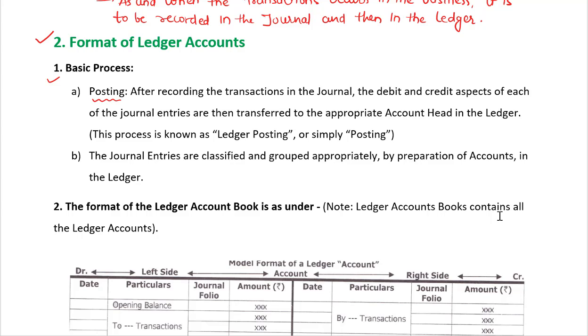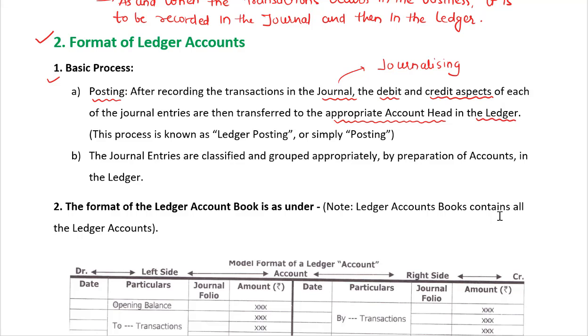After recording the transaction in the journal, that is known as journalizing, the debit and credit aspect of each of the journal entries is transferred to ledger account, where we will transfer it under the appropriate heads.